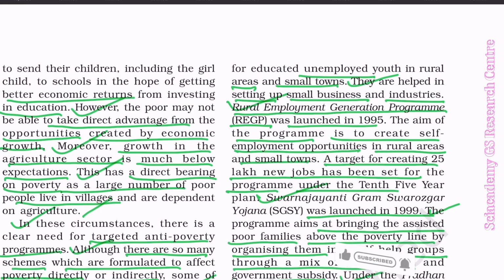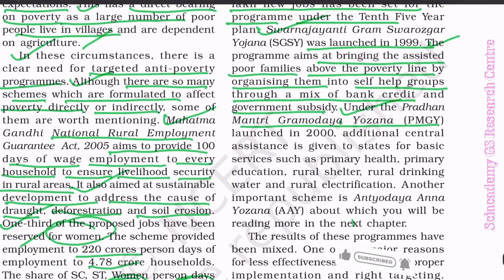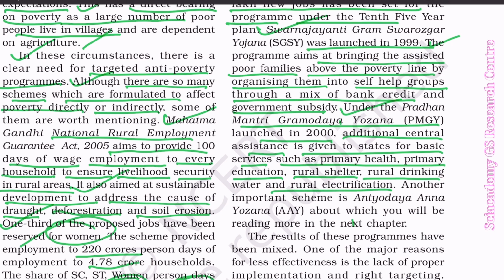Under the Pradhan Mantri Gramodaya Yojana (PMGY) launched in 2000, additional central assistance is given to states for basic services such as primary health, primary education, rural shelter, rural drinking water, and rural electrification. Another important scheme is Antyodaya Anna Yojana (AAY), about which you will be reading more in the next chapter.